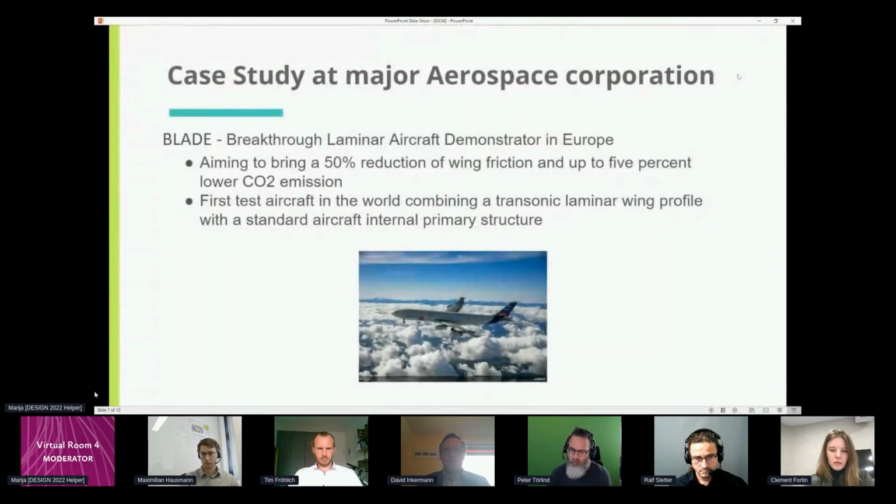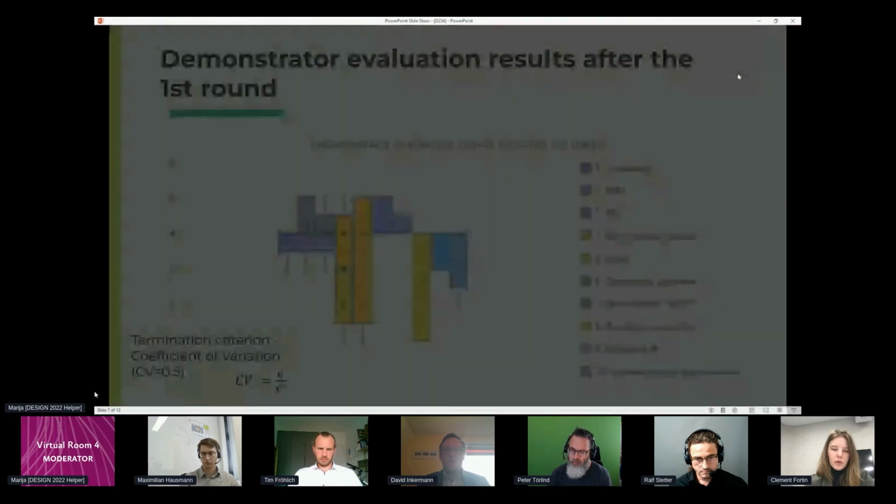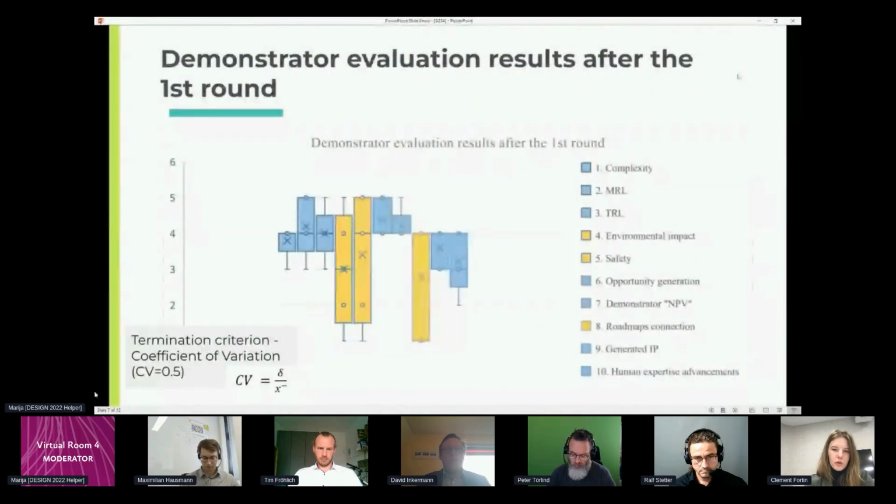Our methodology has been applied to evaluate BLADE demonstrator, which stands for Breakthrough Laminar Aircraft Demonstrator in Europe. Here you see results of framework application after the first round. Orange color highlights criteria which we characterize with coefficient of variation, which is our termination criteria, higher than selected edge value of 0.5.